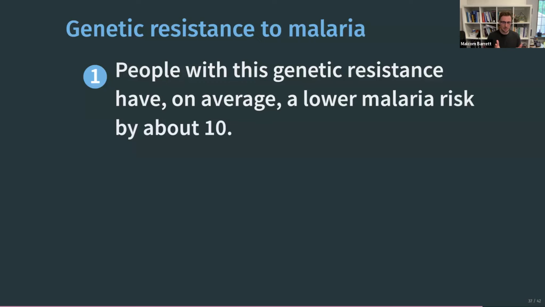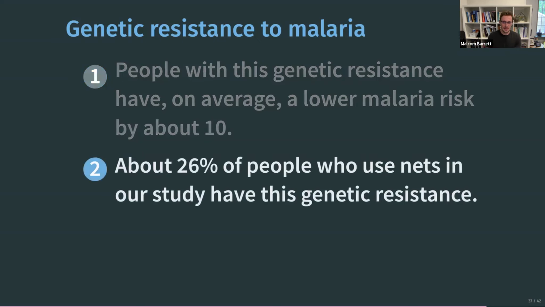So consider this hypothetical situation about our data. People with this genetic resistance have, on average, a lower malaria risk of about 10, so about negative 10 is their relationship with it. And about 26% of people who use nets have this genetic resistance.